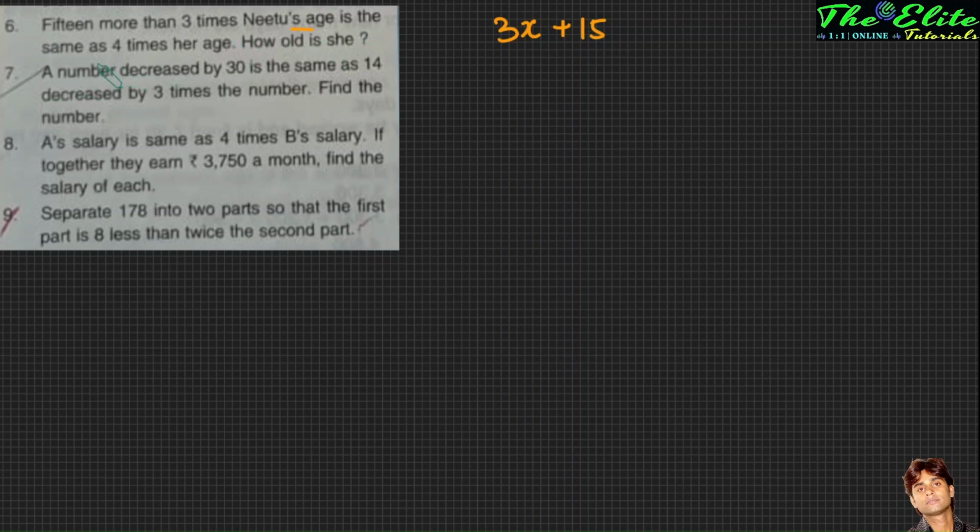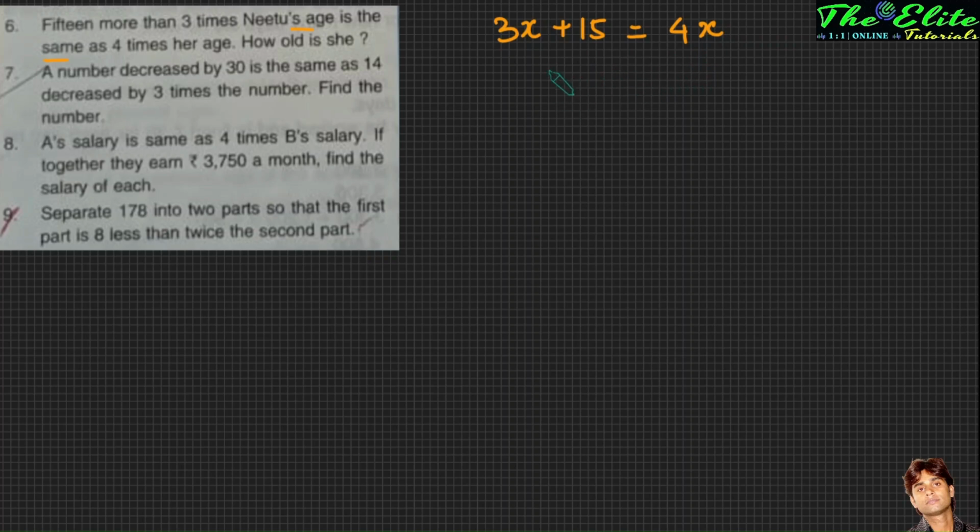It is the same as 4 times her age. Same as means equal to 4 times her age. Her age we had already assumed as x. Now you have to find out the value of x.